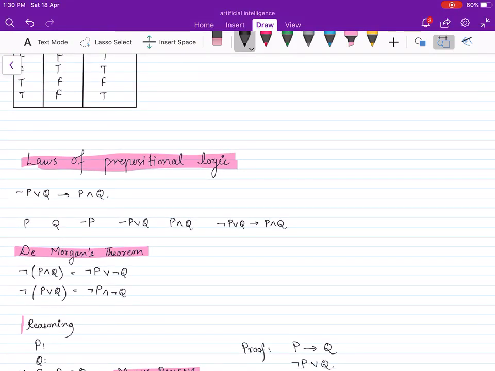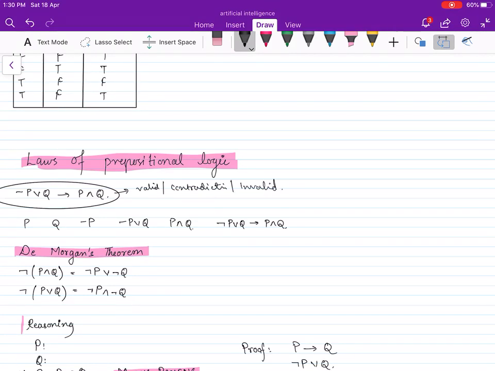And before going to the laws, we may have some sentences, and we have to prove whether the sentence is valid, a contradiction, or invalid.